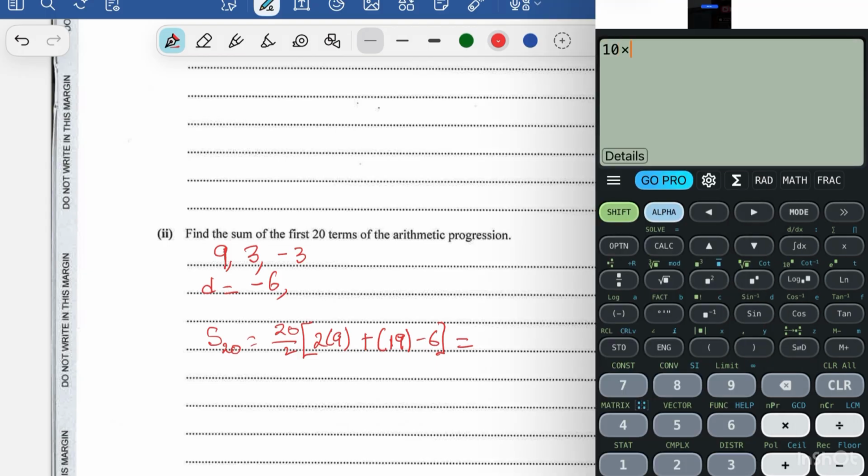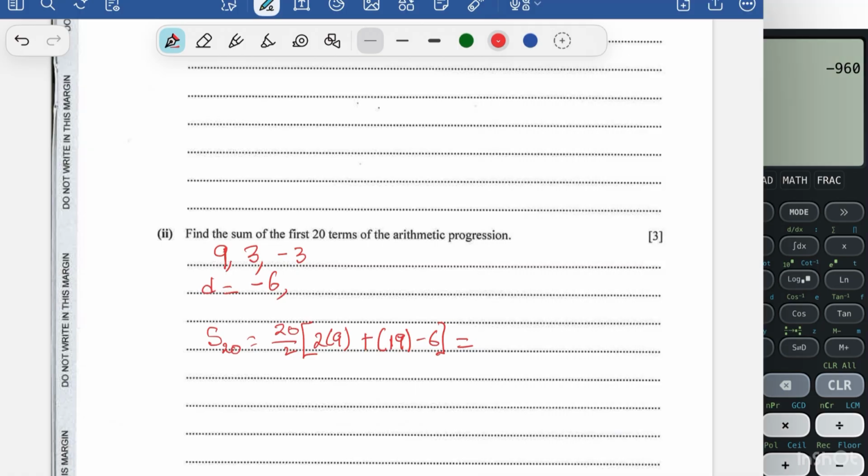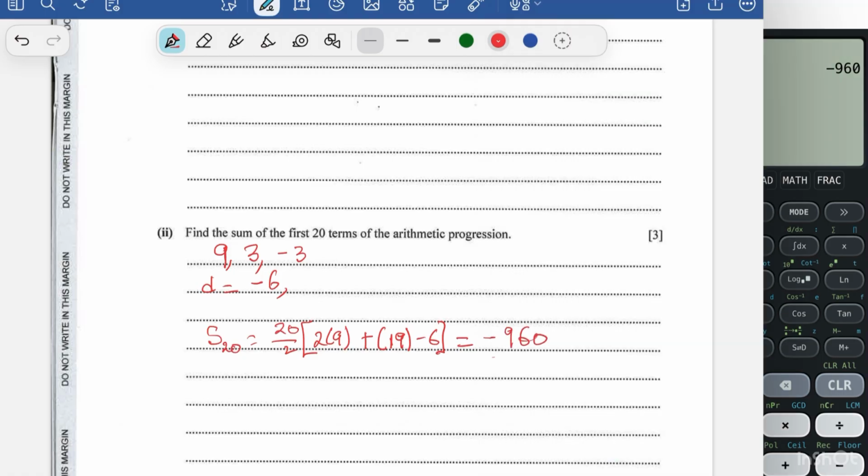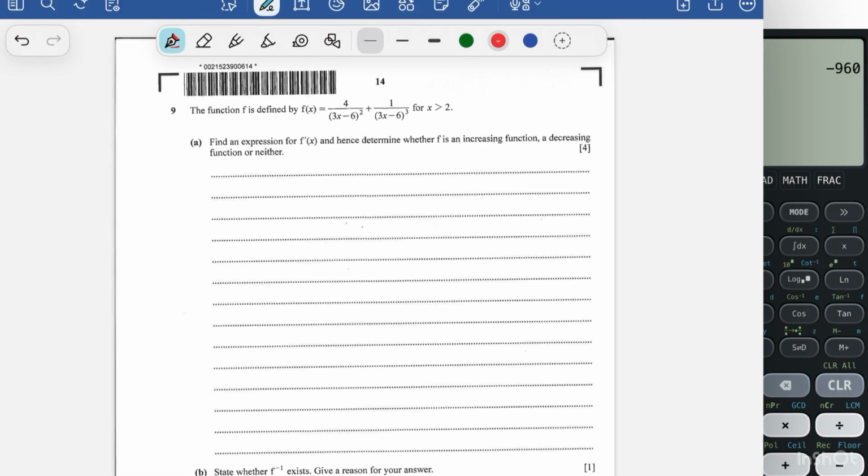So 10 times 18 plus 19 times minus 6. So we get minus 1960. So this is my answer to this question. All right, let's move on.